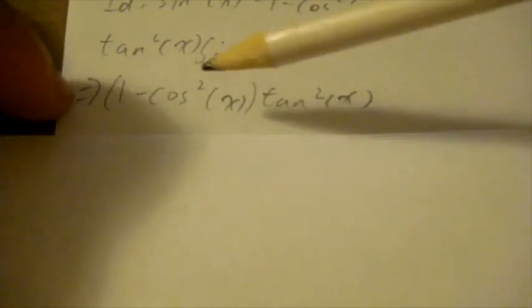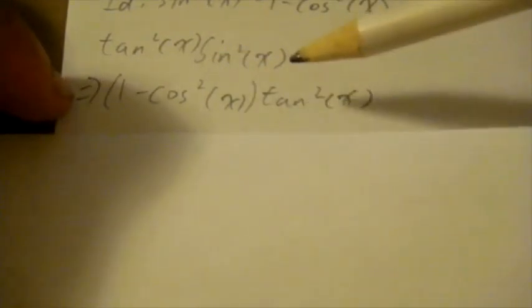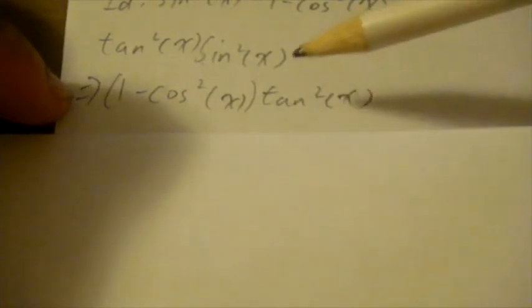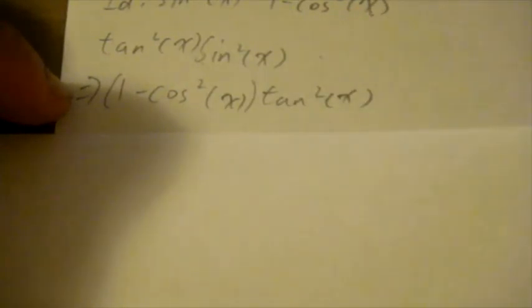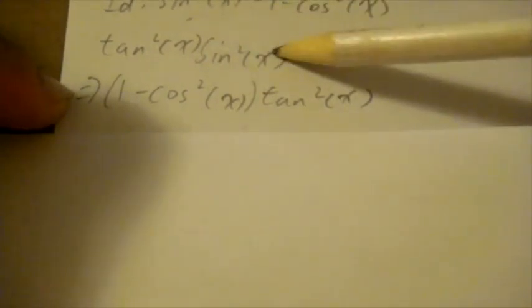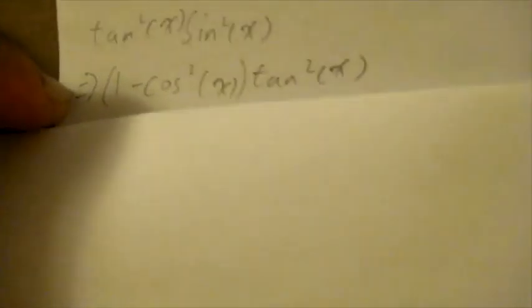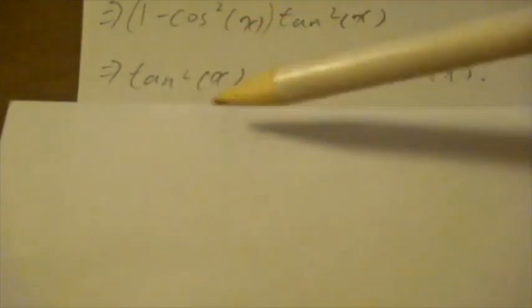So the tangent square x times sine square x will equal, open parentheses, 1 minus cosine square x times tangent square x, because we plug in this sine square into this sine square, and it becomes like this. Compared to the first part, this part is actually much easier.